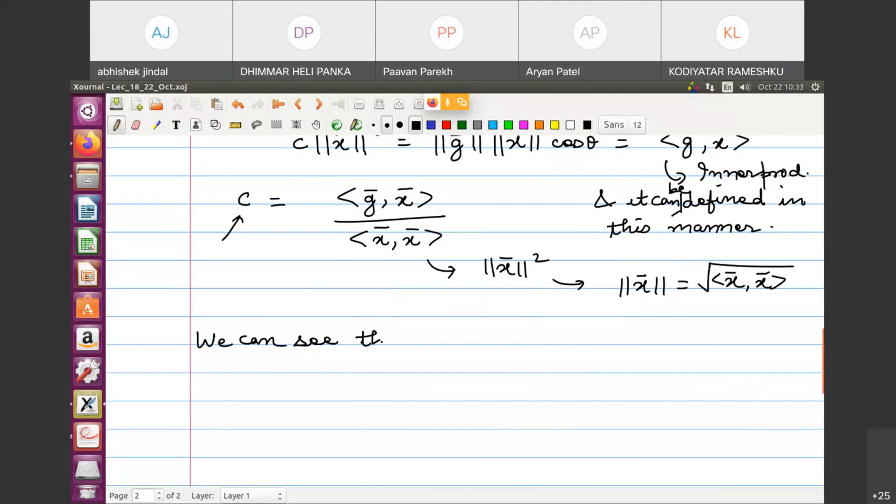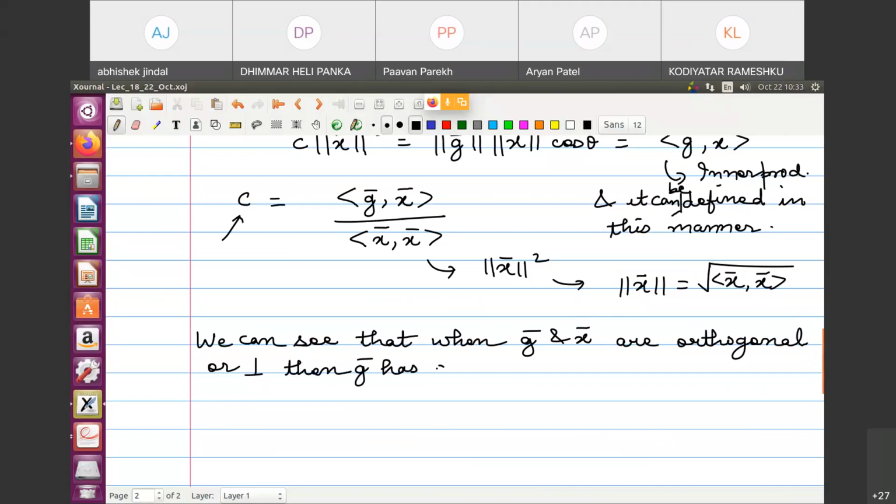So we can see that when G and X bar are orthogonal or perpendicular, then G has a zero component along X bar. That is quite obvious. Why?